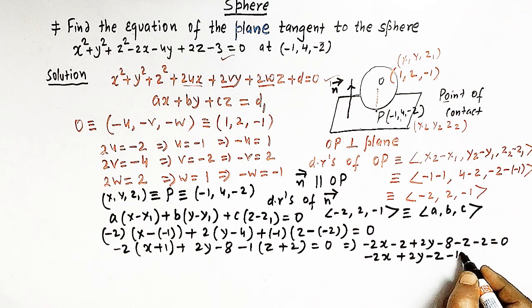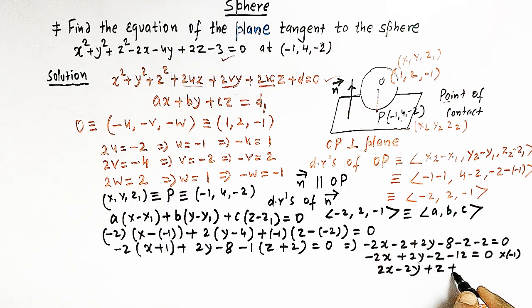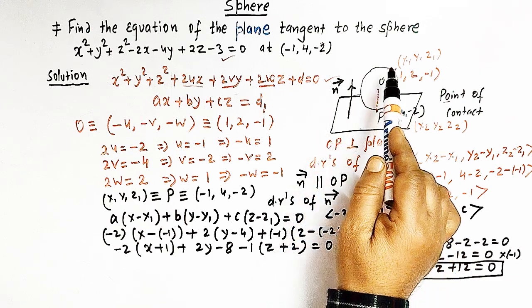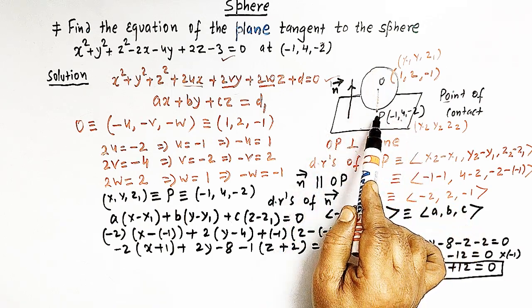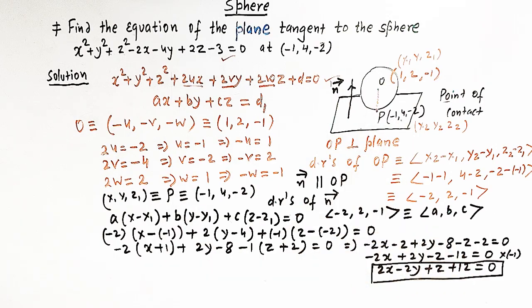So this is minus 12, right? So now multiplying both sides by minus 1, we can also write this equation as 2x, and then we have minus 2y, and then we have here plus z, and plus 12 is equal to 0, right? So this is the required equation of the tangent plane to this sphere where the point of contact P has the coordinates minus 1 comma 4 comma minus 2.